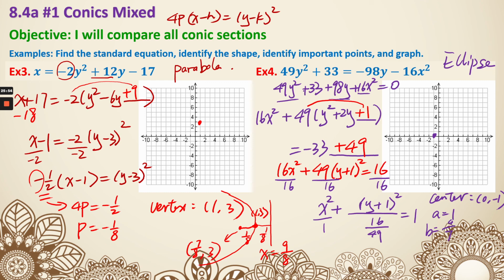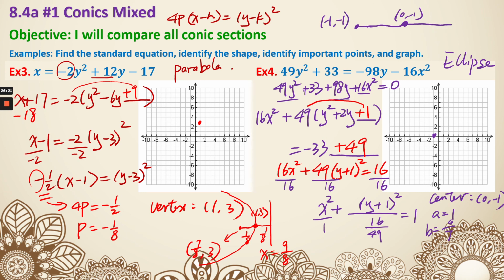This is probably not the best example. Everything is too crowded for us to draw, so I am just going to draw it on the top. So the center is at 0, negative 1. And I am going to move to the left by 1 for my vertices. My vertex is going to be at negative 1, negative 1.